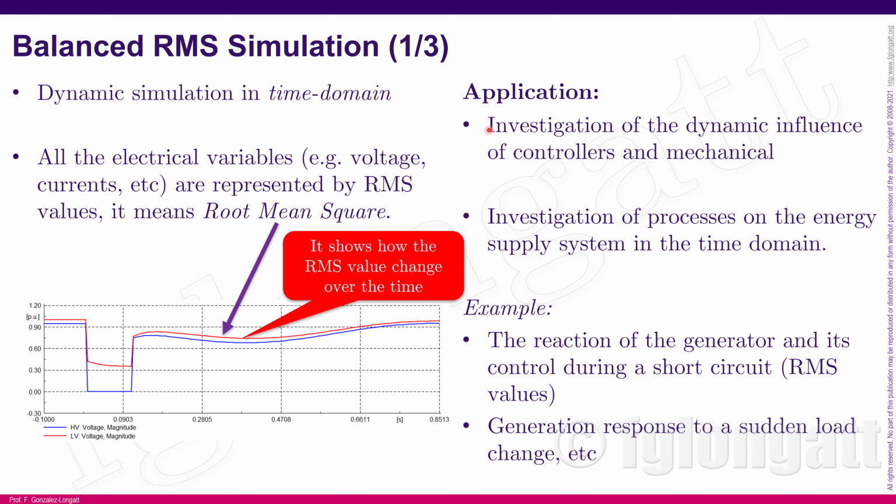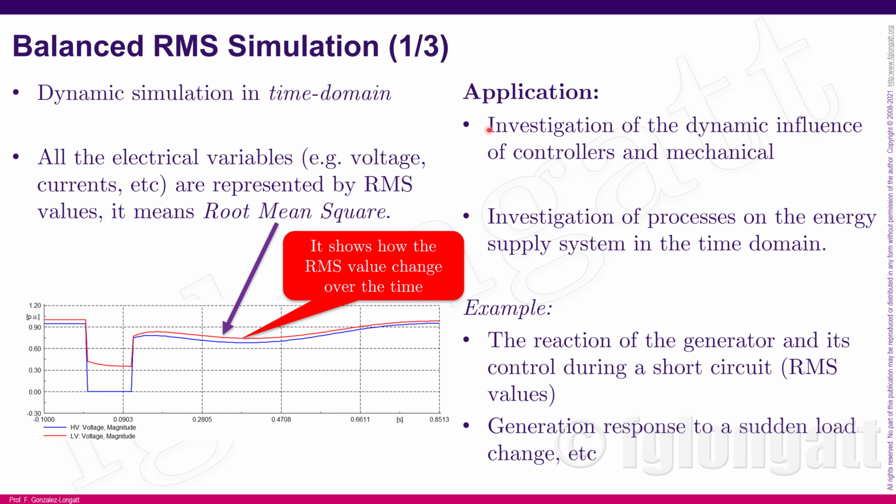In this case, the balanced RMS simulation, again, I will tell you, is probably the most used and the most basic, the entry level for time domain simulation. We call this time domain simulation because we get the response of the system based on time. Time is the independent variable, and when we run the simulation, we get time series, okay?